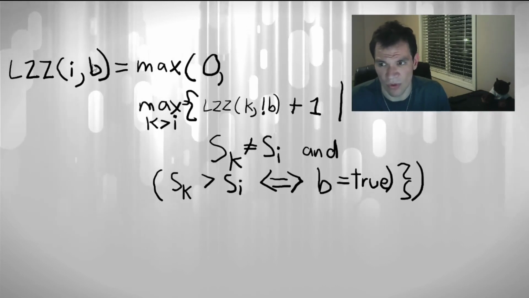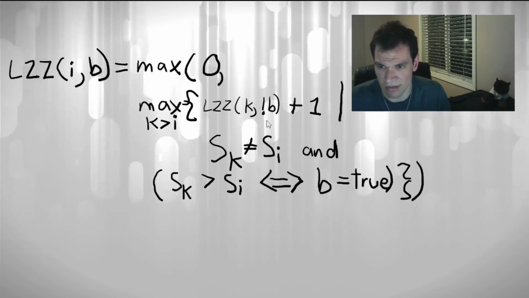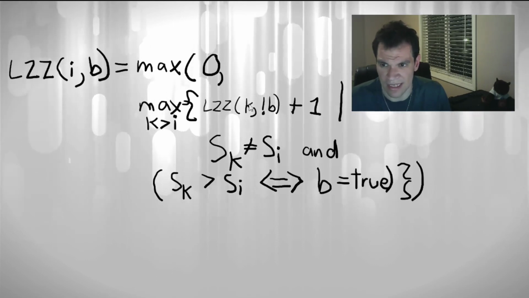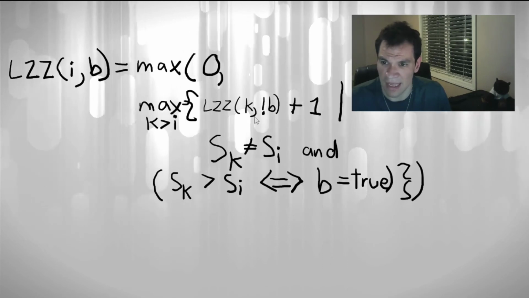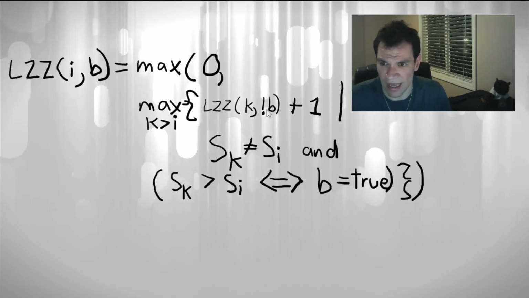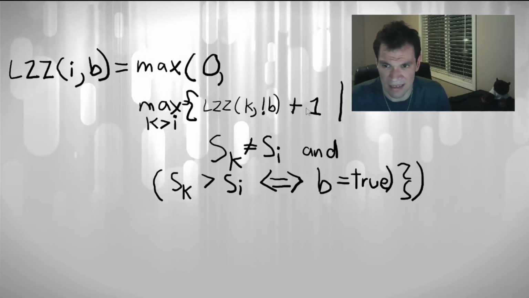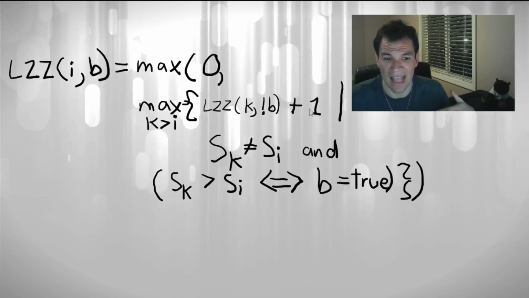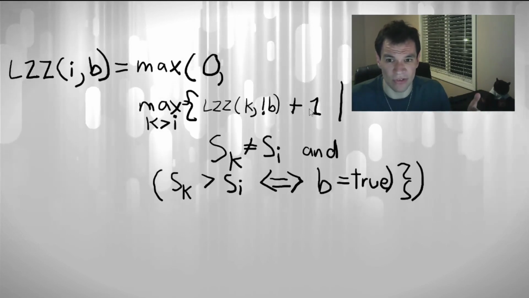And if we add another number to the subsequence, it would be a number with index k that is greater than i, and the flag would have the opposite value, and then it's this +1 that indicates that we are adding an extra number to the count.